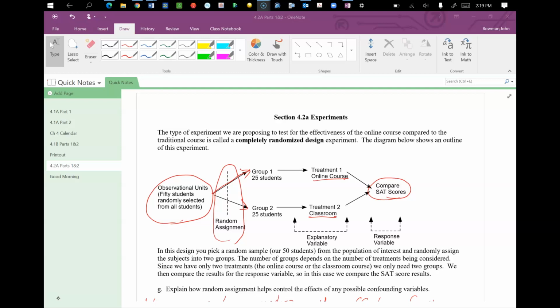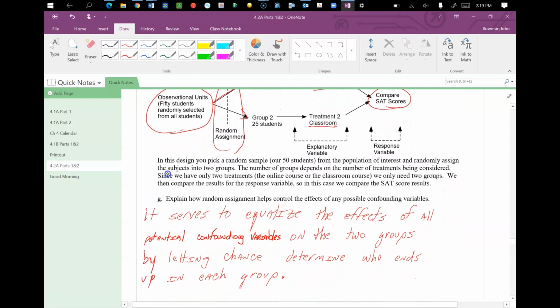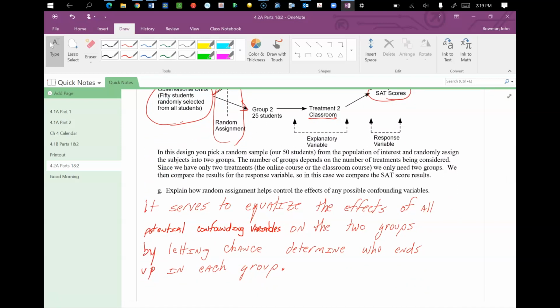We think it's due to the actual difference in the treatments. So that is how random assignment serves to equalize all the differences in the treatment groups before we apply the treatments.